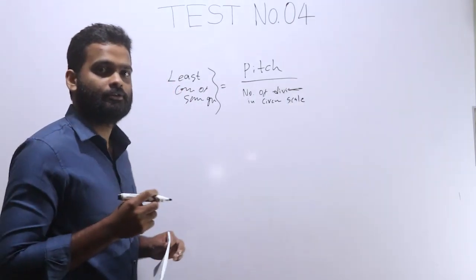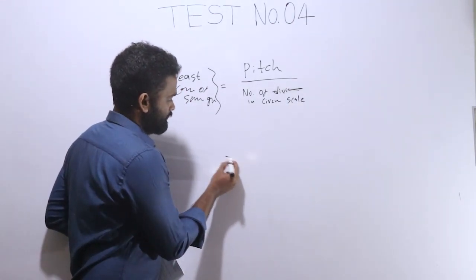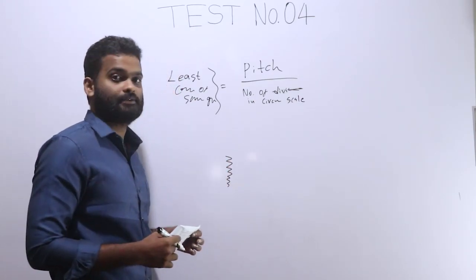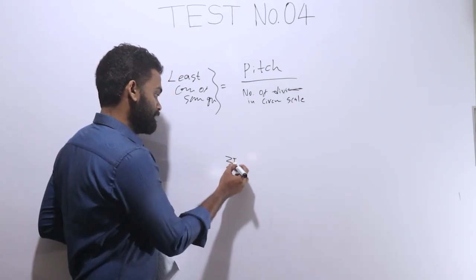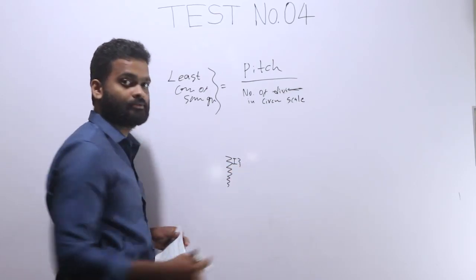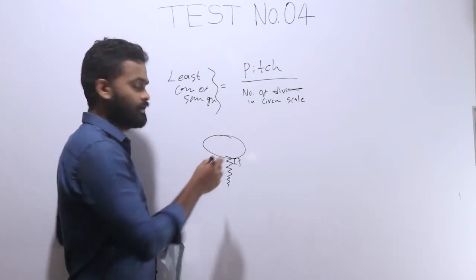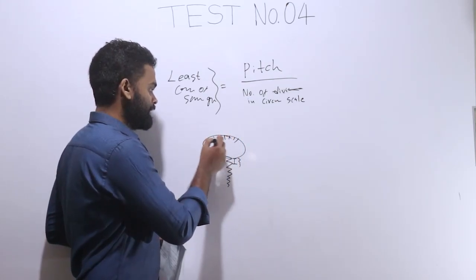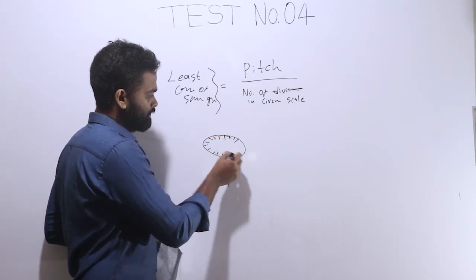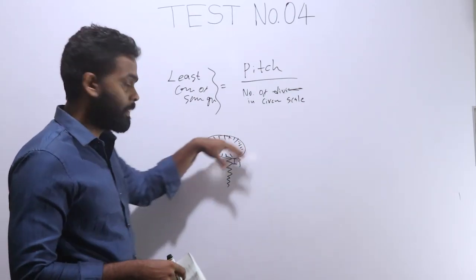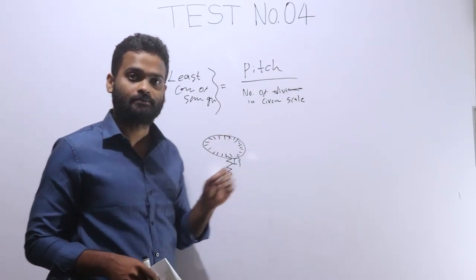If I remind you, this is the screw in the apparatus. This length is what we call the pitch. Then there's a circular scale above it, and this circular scale is divided into the required number of parts. Here it is divided into 500 parts.